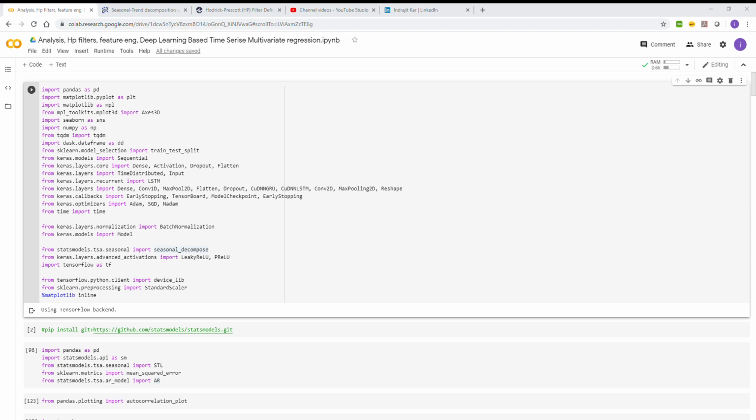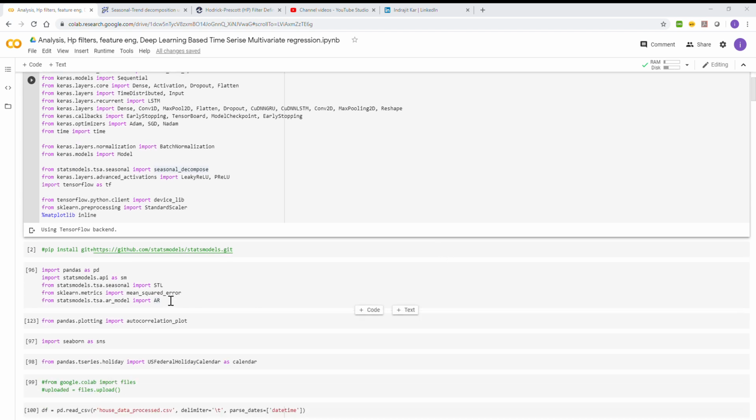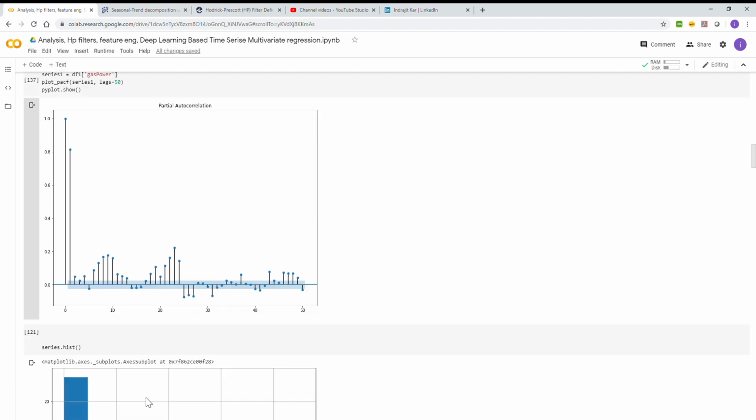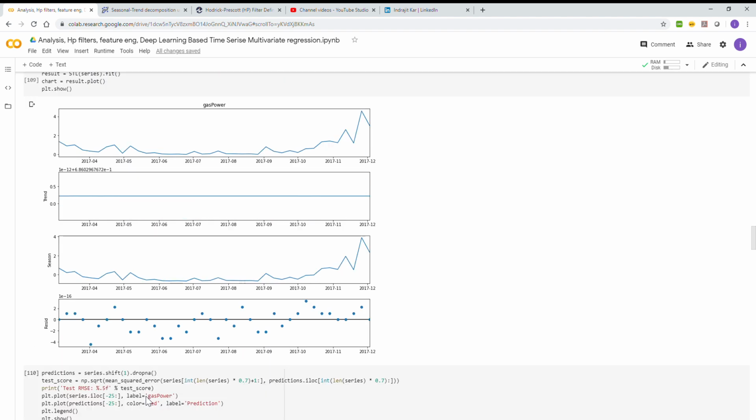So going ahead, I'm going to show you two types of decomposition. My question was how to find the trend, cycles, or noise in the data set. We use something called time series decomposition. There are a lot of things in decomposition, but I'm going to cover very basic ones. Over here, there are two things that you can use. One is STL, let me first show you STL.